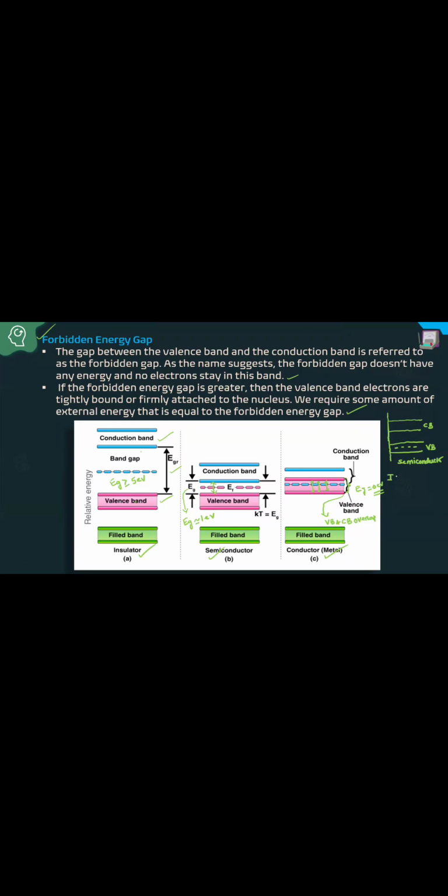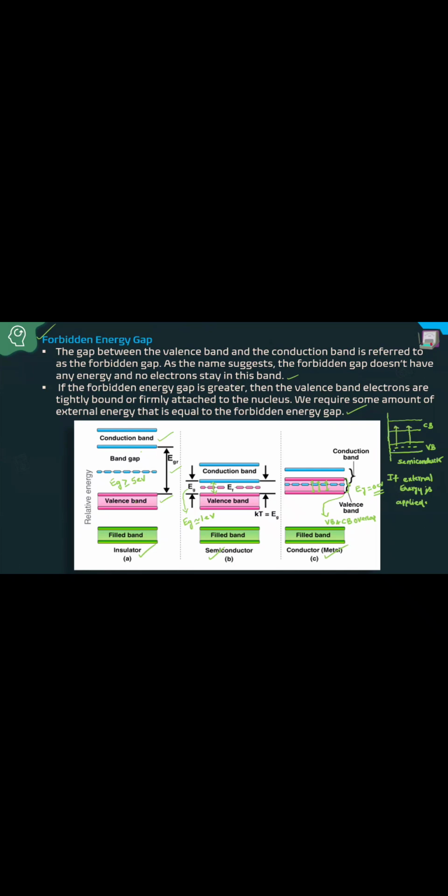If you take a semiconductor and external energy is applied, what happens, friends? If this breaks down, some of the electrons move from the valence band to the conduction band.